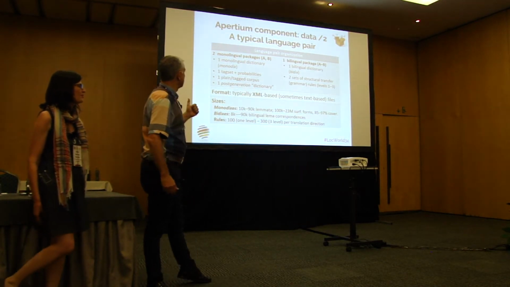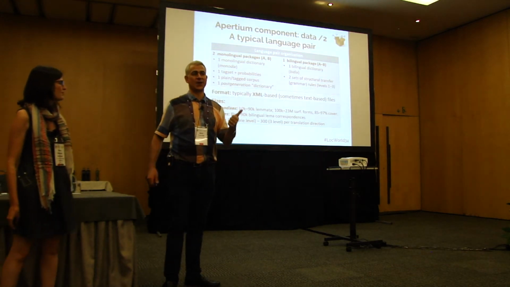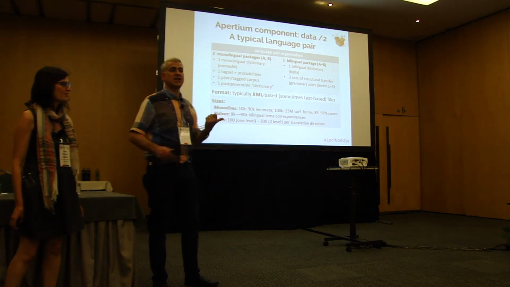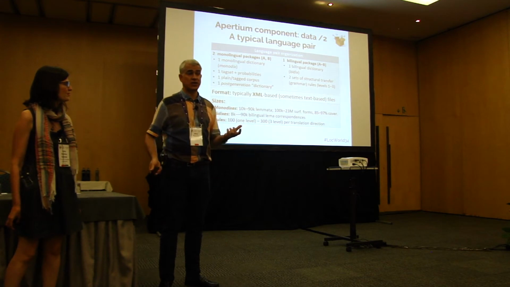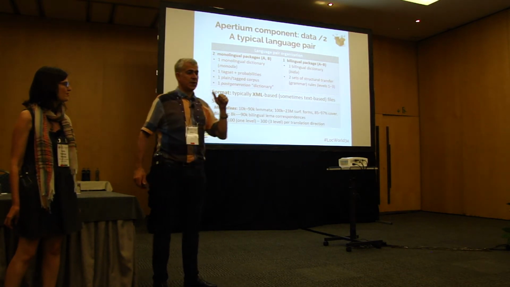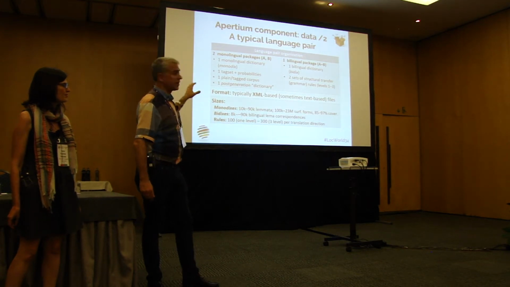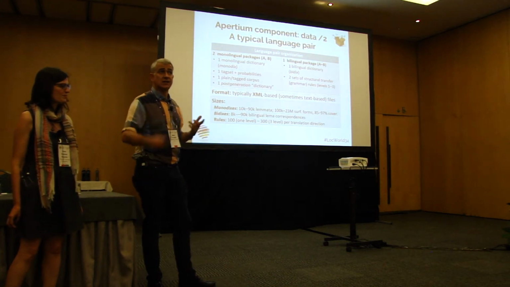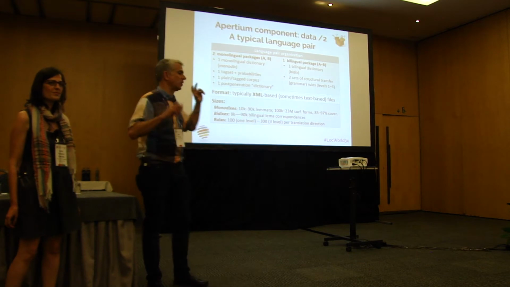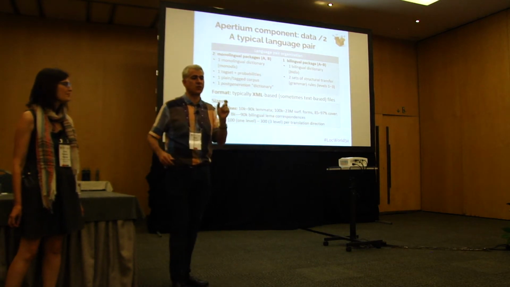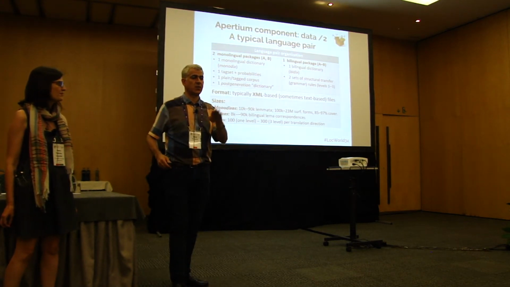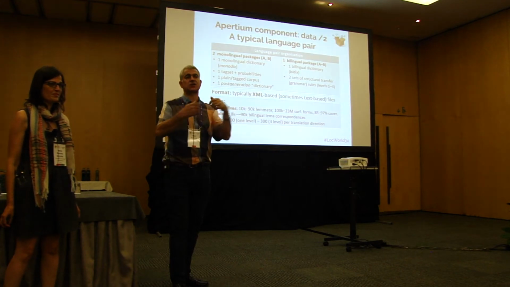And the monolingual package comes with a monodix, a monolingual dictionary, which contains information about inflection and conjugation. Then we have a tag set and probabilities for part-of-speech tagging. It may come with a corpus to retrain the tagger, and it comes with what we call a post-generation dictionary, which is a set of rules to deal with things like apostrophes and contractions and things like this in the target language.